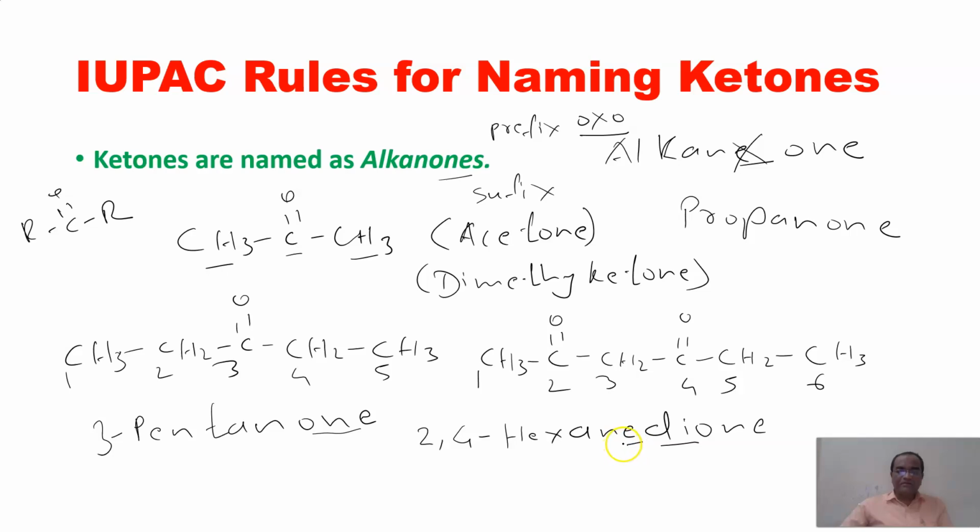So don't make a mistake of writing dione and dropping the E, as some students do. You have to drop the E when it is only a single ketone. But when there are 2 ketones or 3 ketones, then you have to retain this E. The name of this compound is 2,4-hexanedione, as the ketonic functional groups are at position number 2 and position number 4 of 6 carbons, and that is why hexane and dione for the double ketonic functional group.